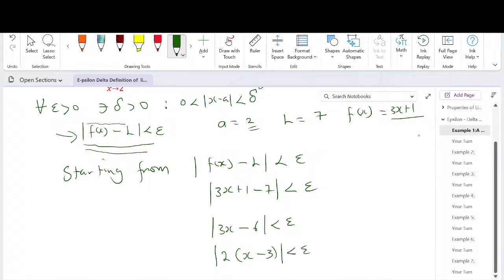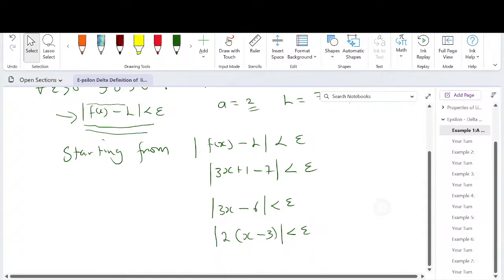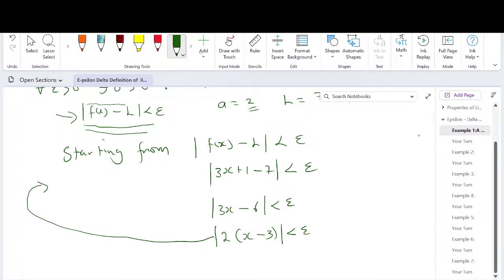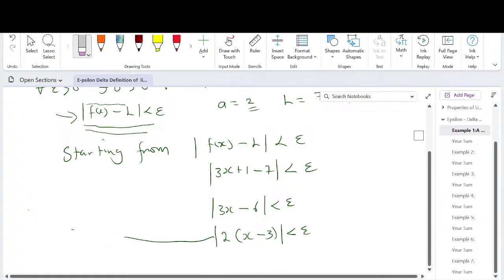Okay, you can see that this looks like this particular one. Let me just divert a little bit. Let's wait a little bit for you to understand. So let's simplify it further.